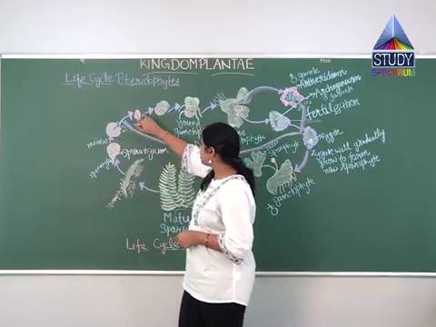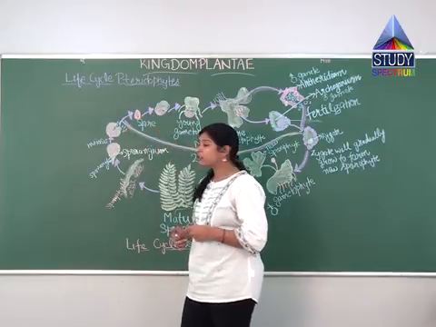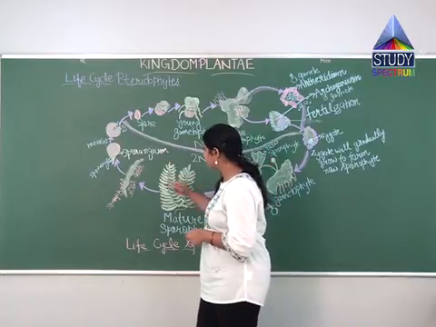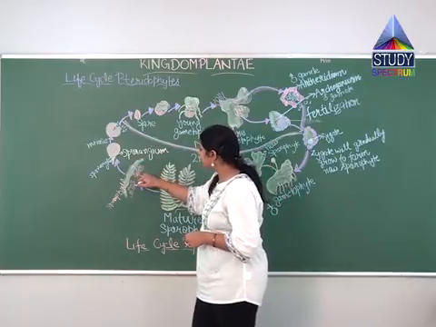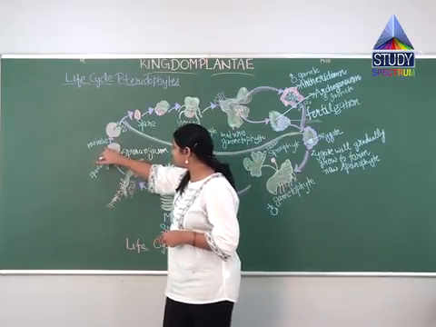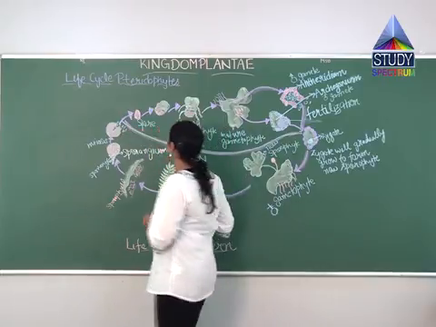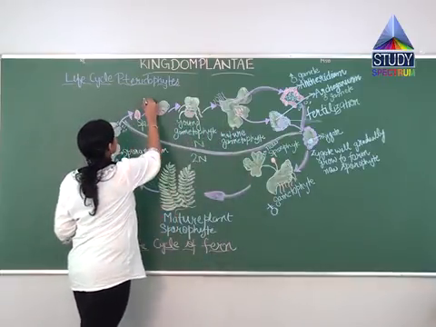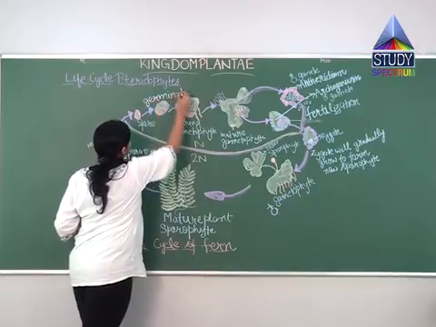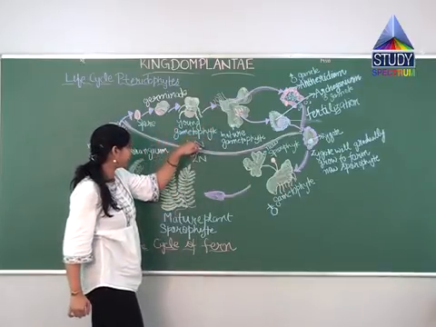Now mitosis will occur and a number of spores will be released. So till here what we have seen, a mature sporophyte consists of the sporangium, and in here meiosis will occur and spores will be released. Now these spores will grow, these spores will germinate and will form the young gametophyte.